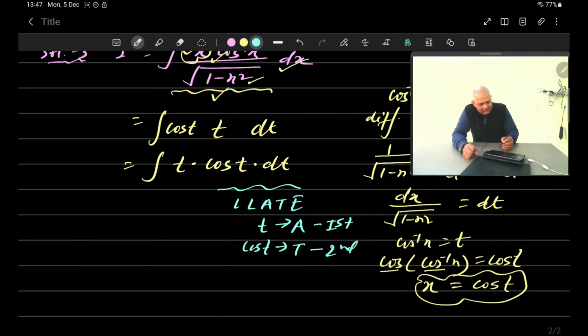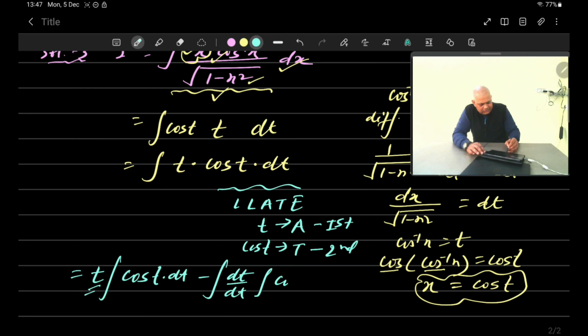The t will come out of the integration and you integrate cos t with respect to t, minus the integration of the differentiation of the first function, dt upon dt, times the integration of cos t dt, and integrate this function with respect to t once again.